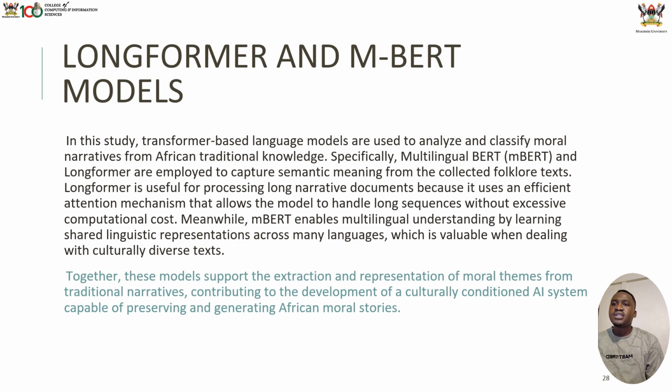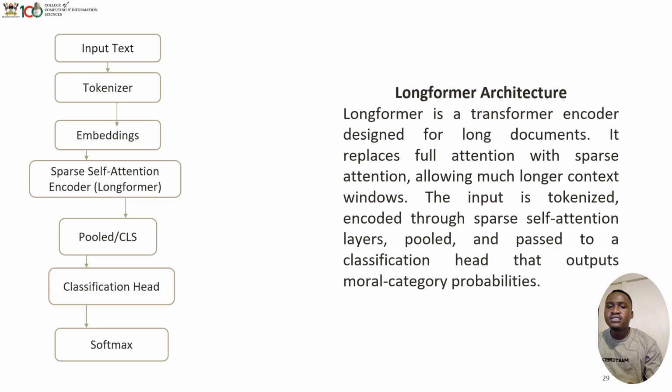Here we trained on 104 languages so that it can transfer that knowledge across African languages. So here is the architecture of the Longformer model. The Longformer is a transformer encoder designed for long documents.